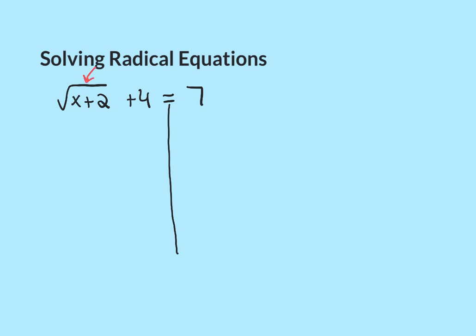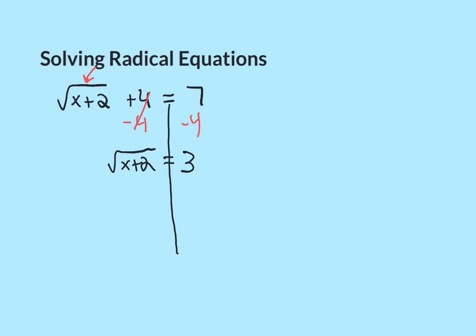We need to get that by itself. So what I'm going to do is this inverse operation, just subtract 4 on both sides. So that leaves me with the square root of x plus 2 equals 7 minus 4 is 3.